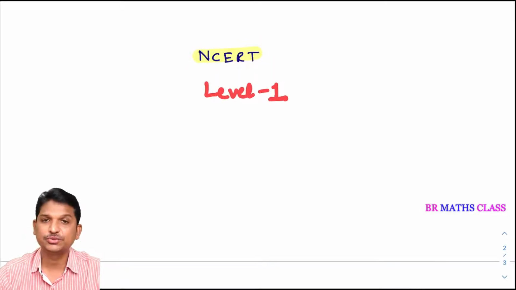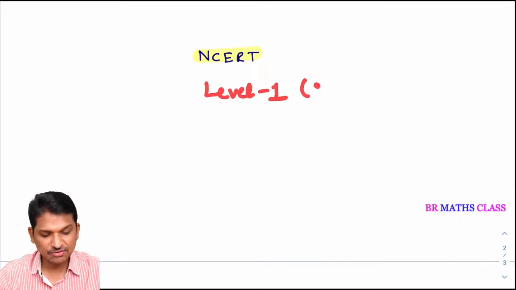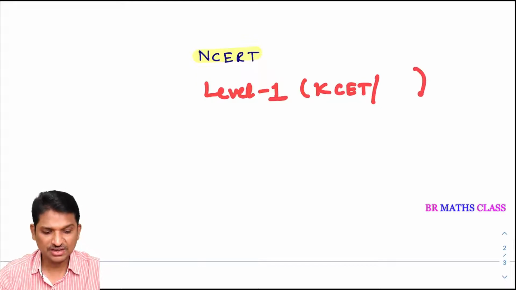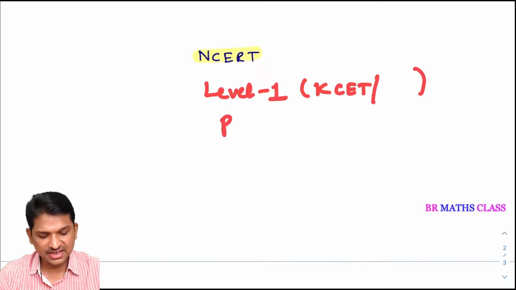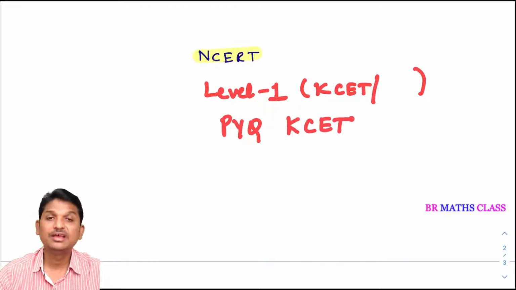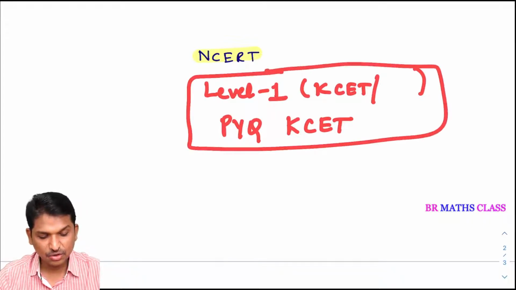In objective level 1, we'll cover KCET or easy questions. KCET and state level board exams will be covered in level 1. And I'll do previous year's KCET questions also, the PYQs of Karnataka CET. That is the second level.